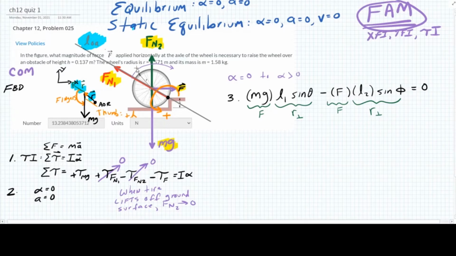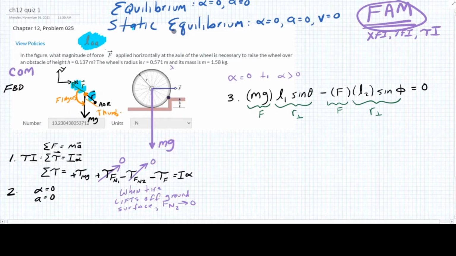Let me clean up all of this. So clear the decks. I don't care about Fn1. Well, we addressed Fn1, we talked about Fn2. So these are the two forces that end up producing torque. Here's my AOR right here.